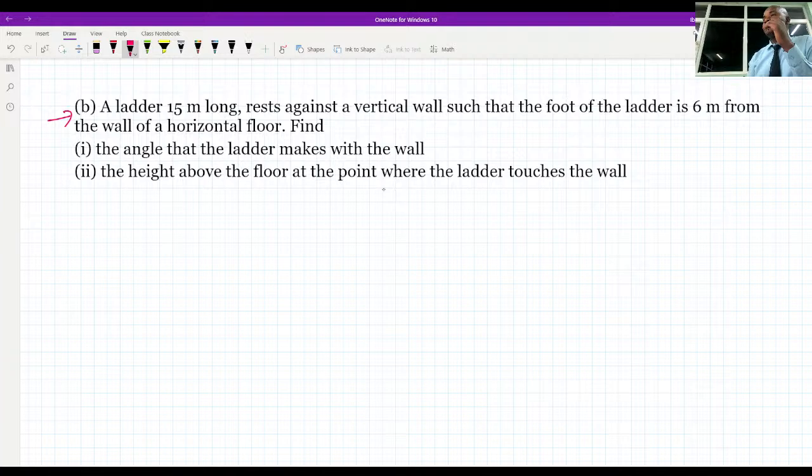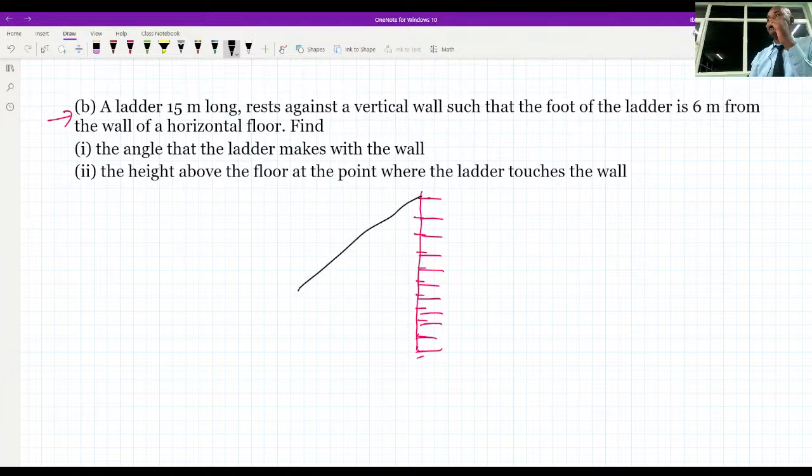So if we have to sketch, this is our vertical wall. An apology for the rough sketching. And we were informed that a ladder rests against the wall. Okay.